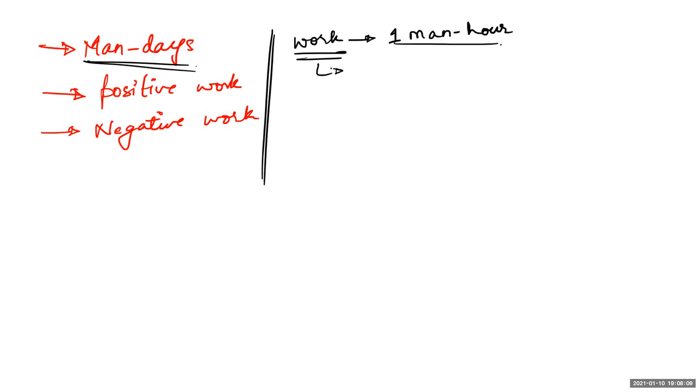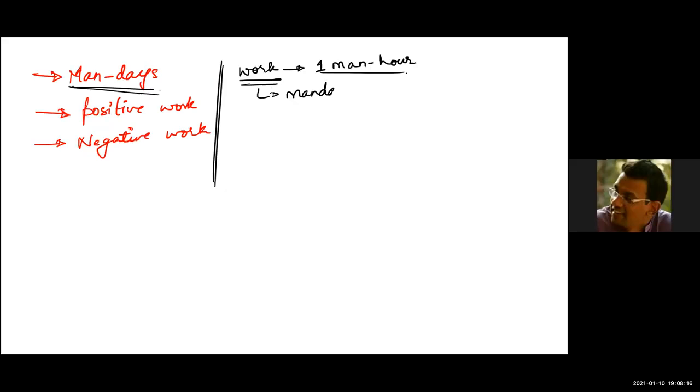So work can always be defined in 3 categories. The commonly used category is man days. The second category people use is man hours. Very rarely you will find people using man months or man years, which are hardly used.